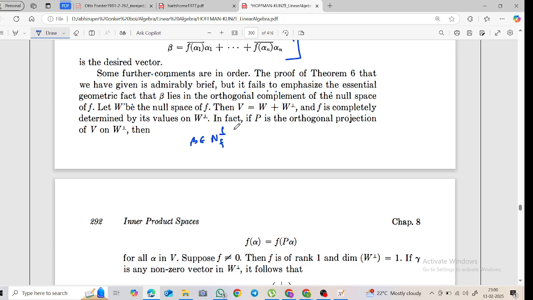If beta is there, I understand, then beta will kill every vector in NF. That's true. If alpha is in NF, then alpha inner product beta, that is basically f of alpha, is 0. So beta is in the orthogonal complement of NF, right?